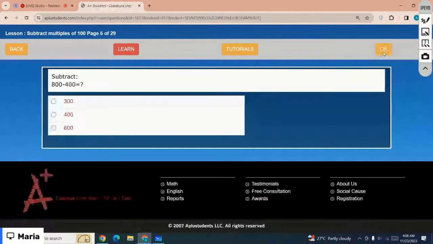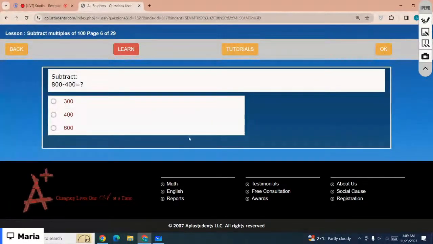The next one is subtract 800 minus 400. Which is the correct option? Yes, that is 400.